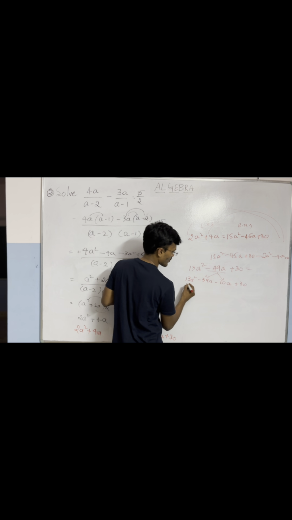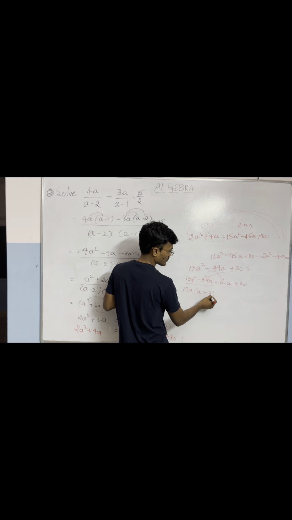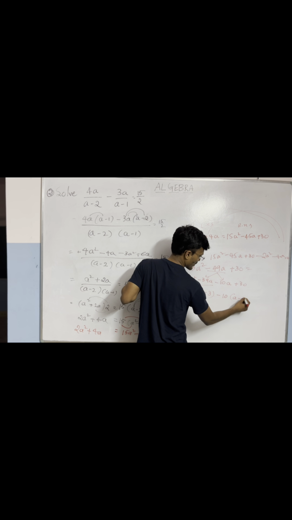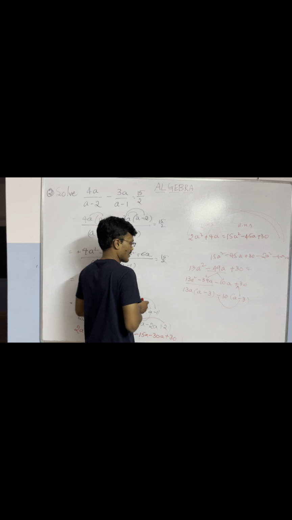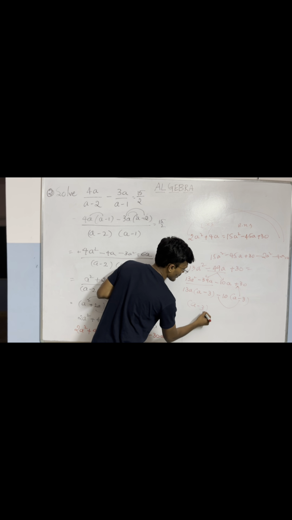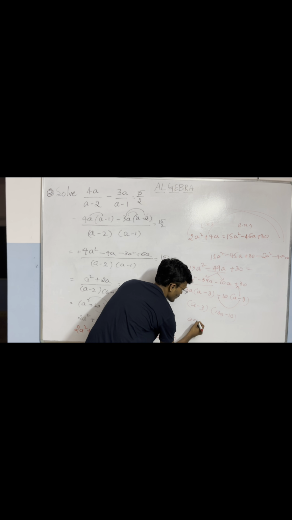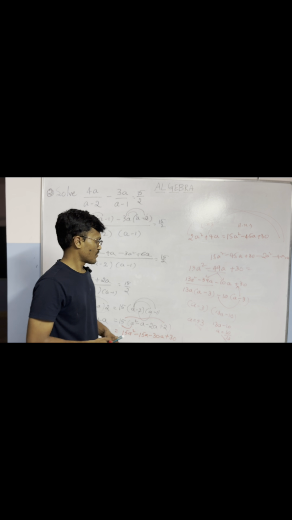From the first two terms 13a is common: 13a into a minus 3, minus 10 into a minus 3. So a minus 3 and 13a minus 10 are the factors, so a equals 3 or a equals 10 by 13. This is the final answer.